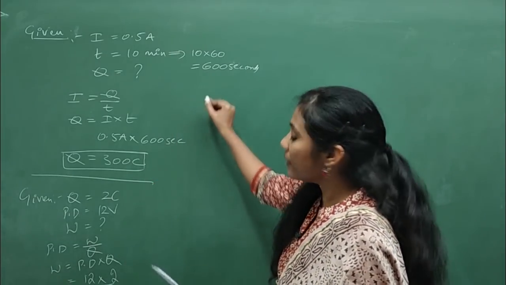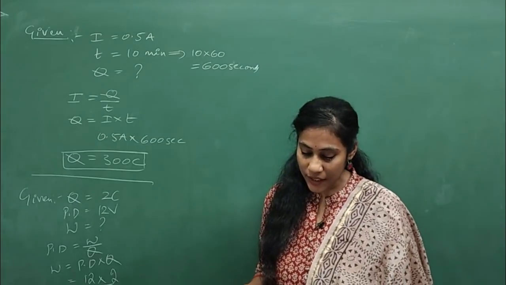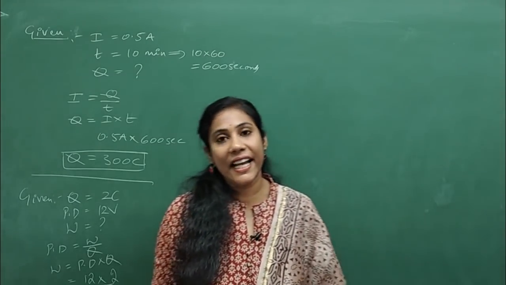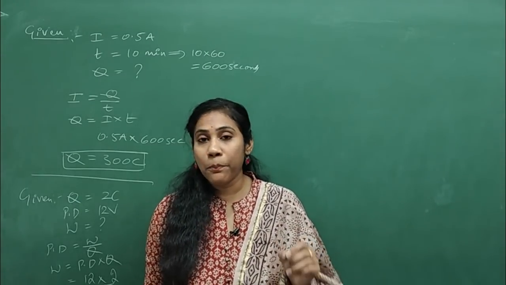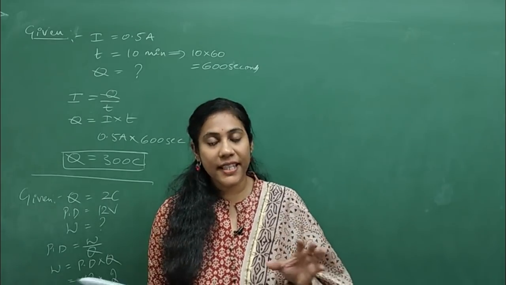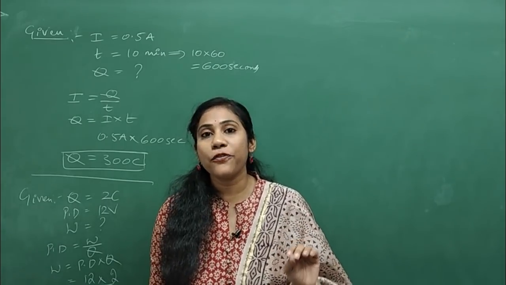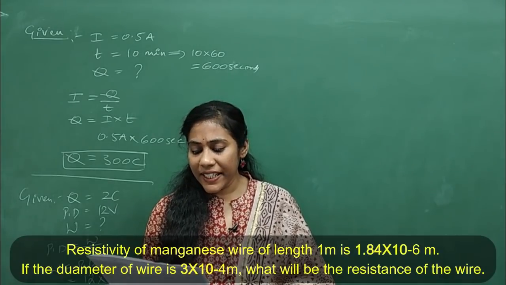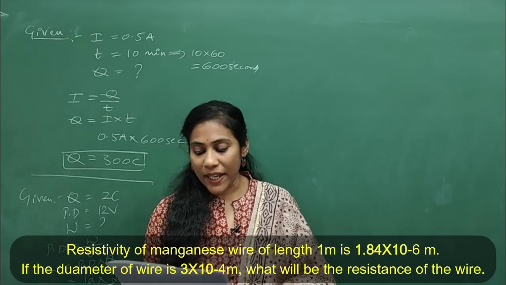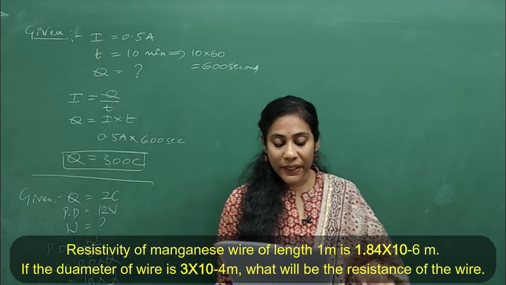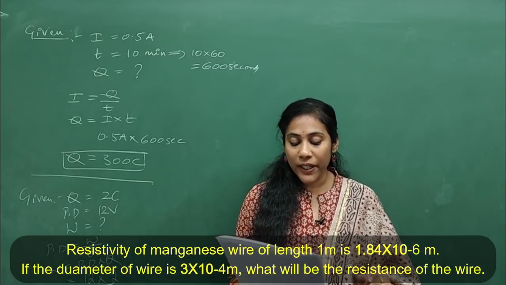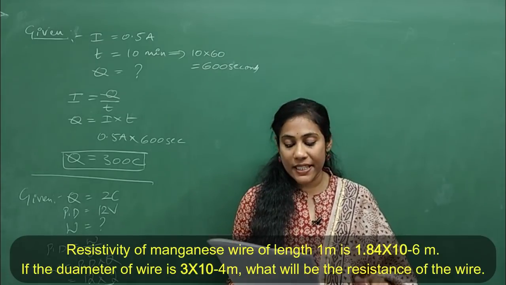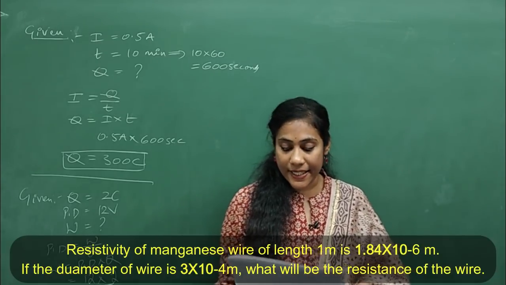And coming to the third model of a question, which is on resistivity and resistance. Very, very important model. If this question is asked, it can be asked for 3 marks. Okay. The resistivity of manganese wire of length 1 meter is 1.84 into 10 power minus 6 ohm meter at 20 degree centigrade.